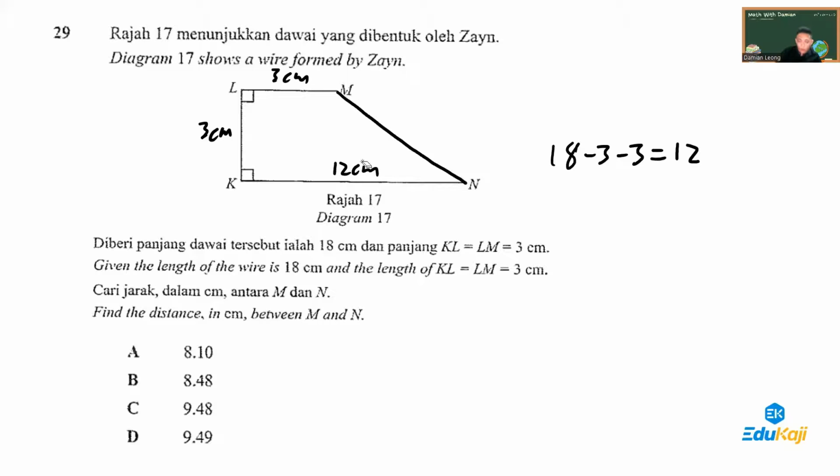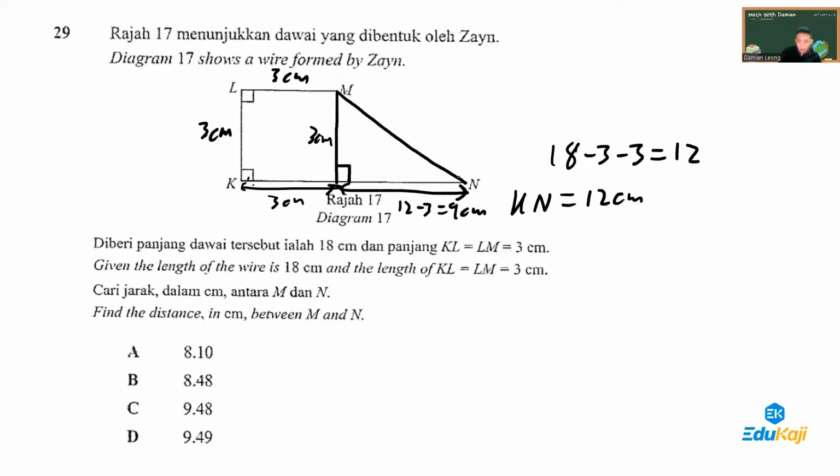What I can do is form a right angled triangle. So I know here is 3 cm. Here to here would be 3 cm. K to N is 12 cm. Means here to here, 12 minus 3, 9 cm.